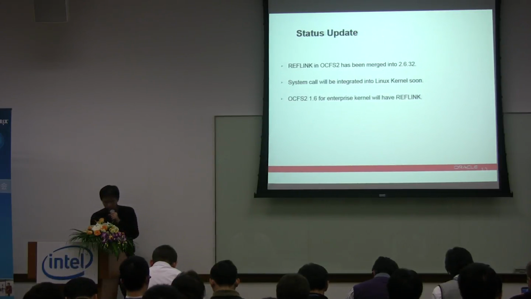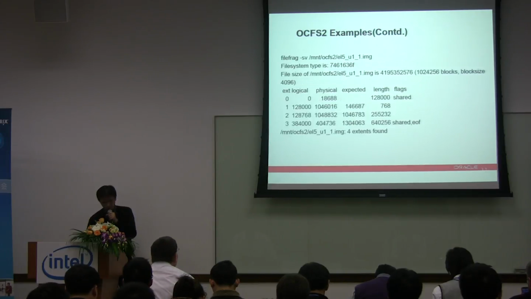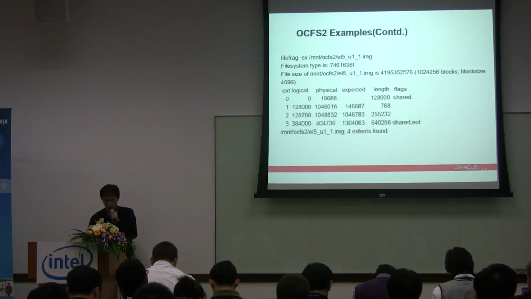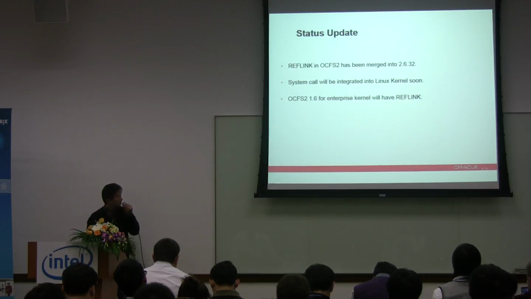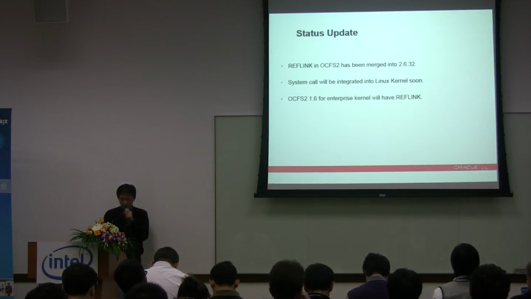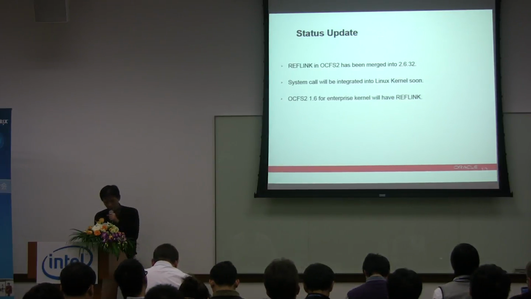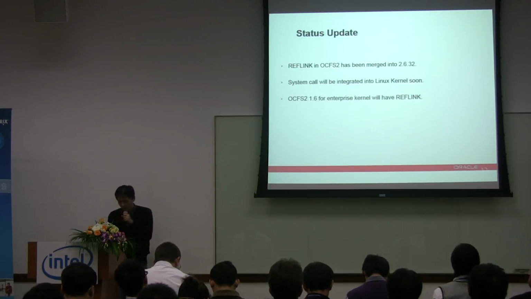So now, just some examples about how Reflink works in OCFS2. Now this is the current status for Reflink. Since February, we promoted this in the summit held in the United States.